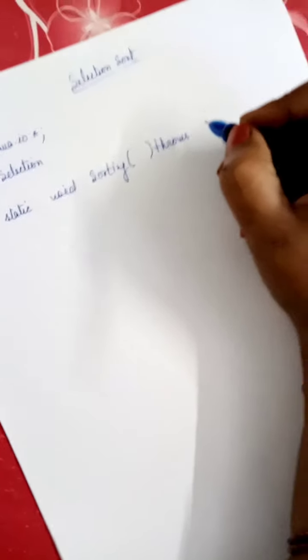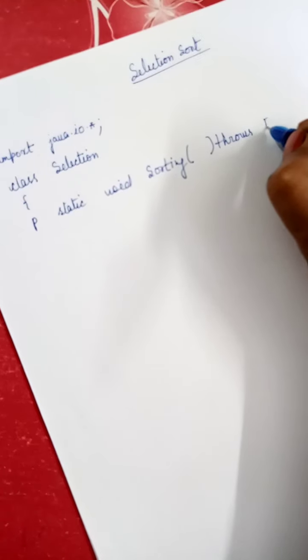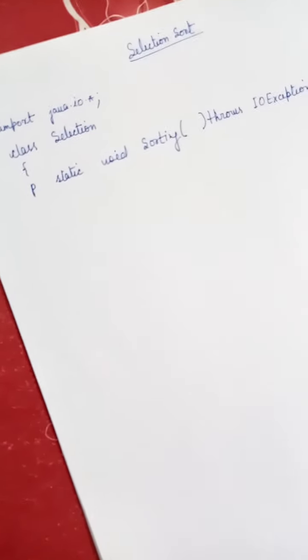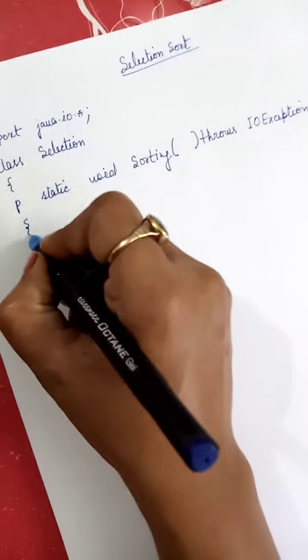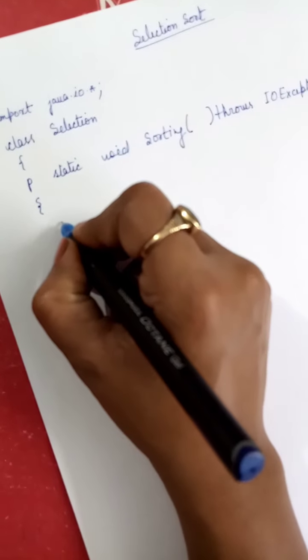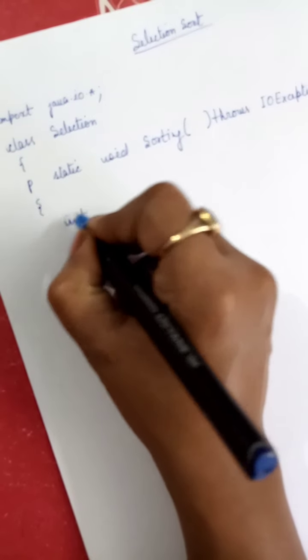Main also you can write, public static void main throws IOException, as I am going to use the BufferedReader and InputStreamReader, br.readLine, so this code can throw the exception. Now a few variables I am taking.